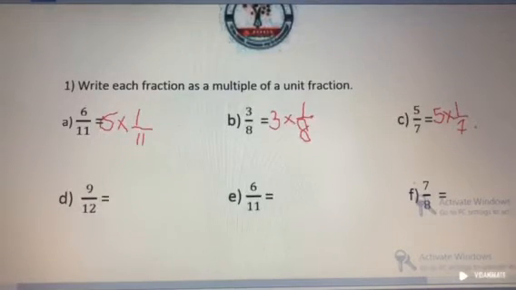Now 9 over 12. This will be 9 multiply 1 over 12.